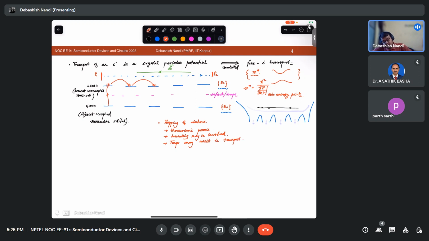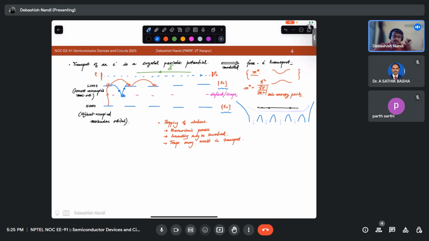What do I mean by traps may assist in transport? Suppose you have a trap state at this location. The electron may drop here, and then upon excitation, or getting some non-zero temperature, it may get excited and reach the right-hand side LUMO level. This way electrons will travel.